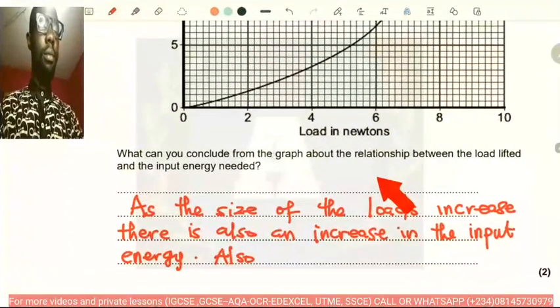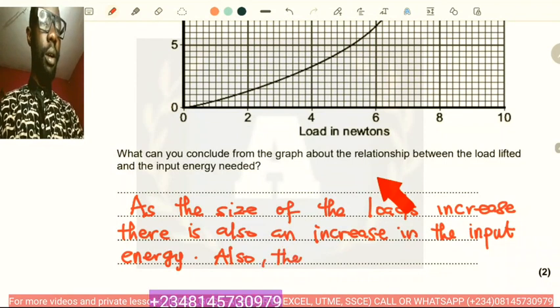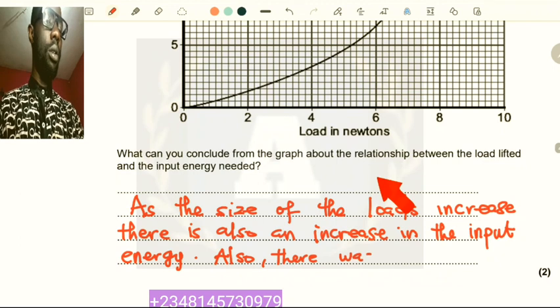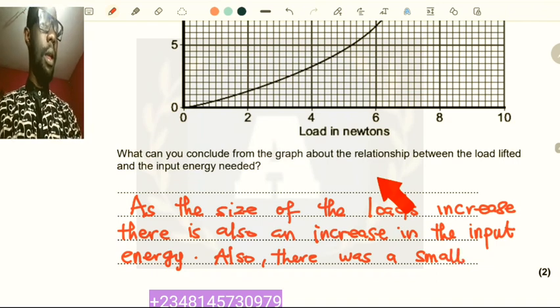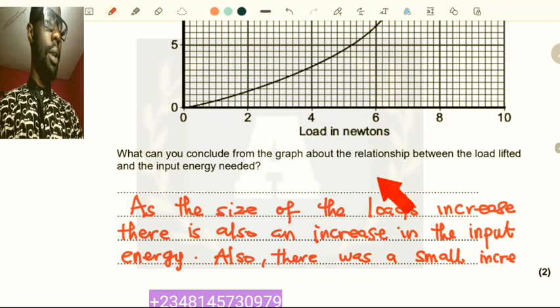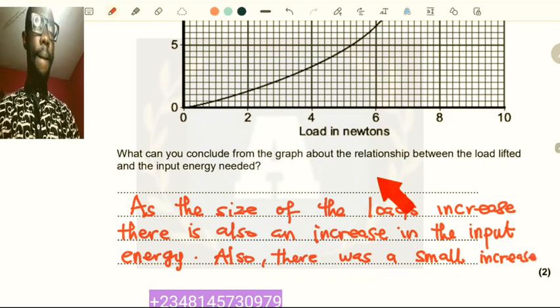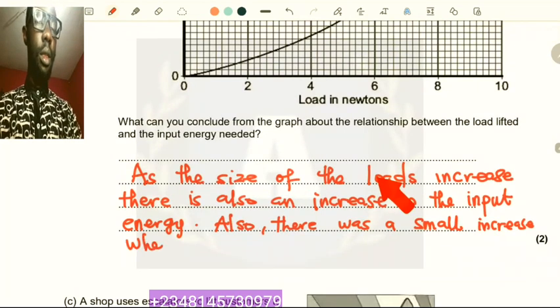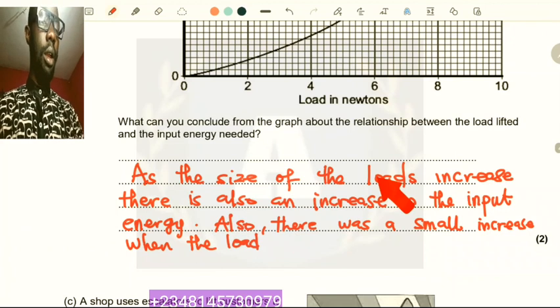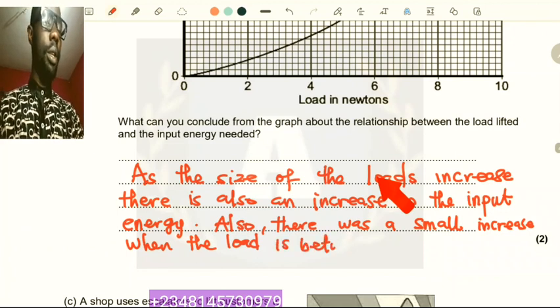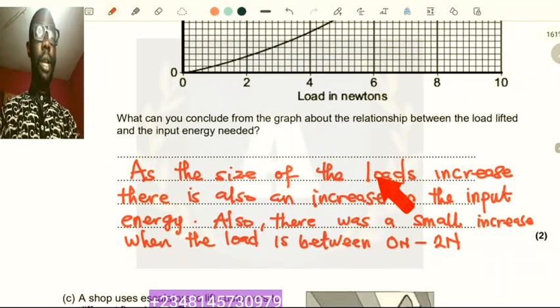Also, there was a small increase when the load is between 0 Newton and 2 Newton. All right, so that answers that.